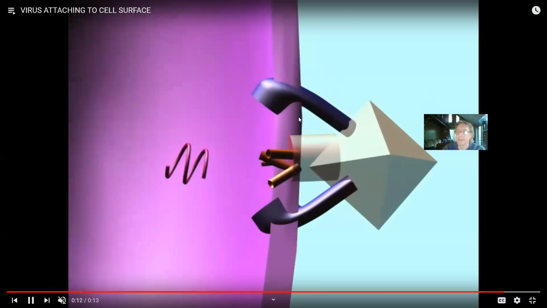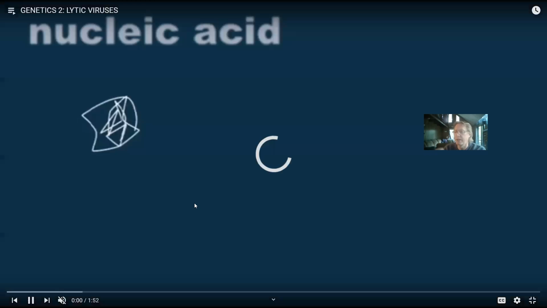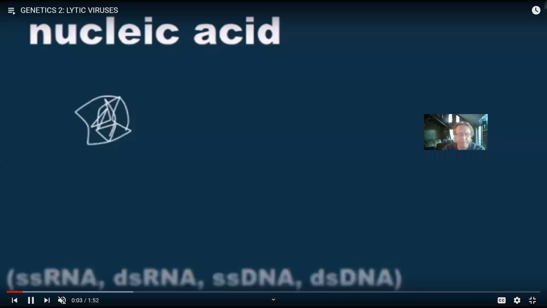And so the first step in a viral infection is attaching to the cell surface and involving a specific interaction. And I'll get to more specific cases in humans in just a little bit.